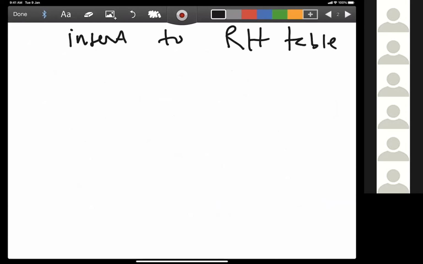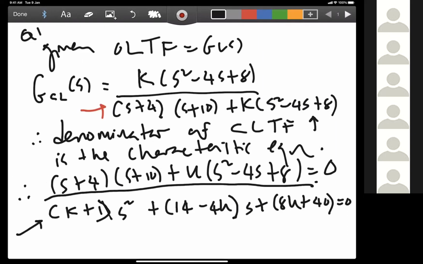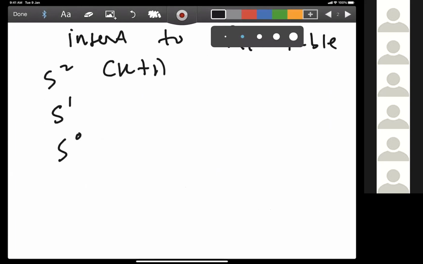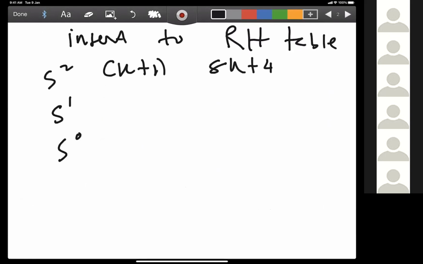So your Routh-Hurwitz table will be s², s¹, s⁰. The first row is K + 1, 8K + 40, then 14 − 4K, 0.